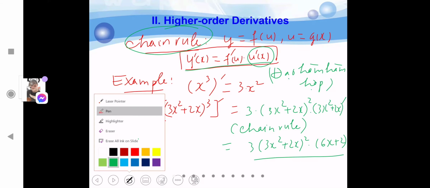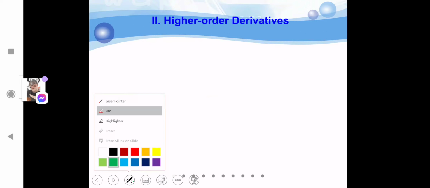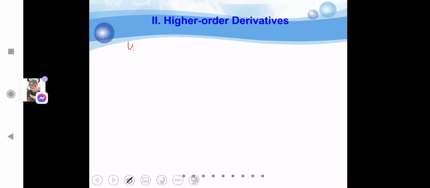Now, you write for me this formula. u is a function of x. Okay, u to the power n derivative equals what is the equation? n times u to the power n minus 1 times u prime.